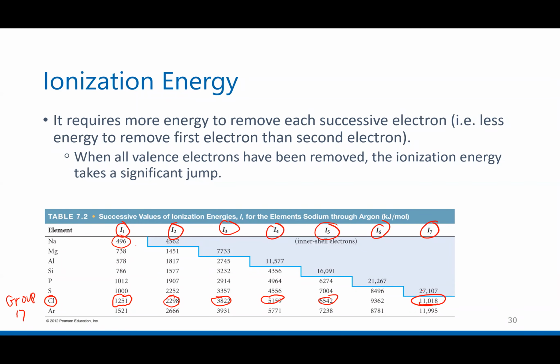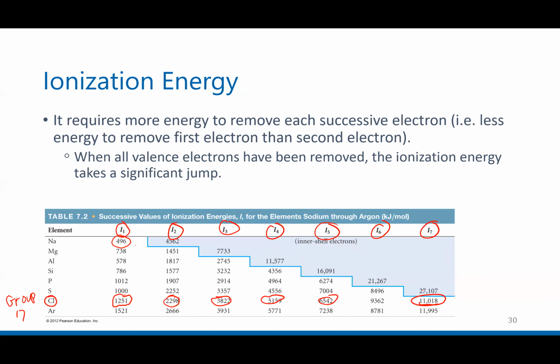While you don't need to study this slide, it is good to know that every time you remove another electron, it takes much more energy. So that's why atoms don't lose 5, 6, 7 electrons easily. It takes a lot of energy for these elements to remove an electron.